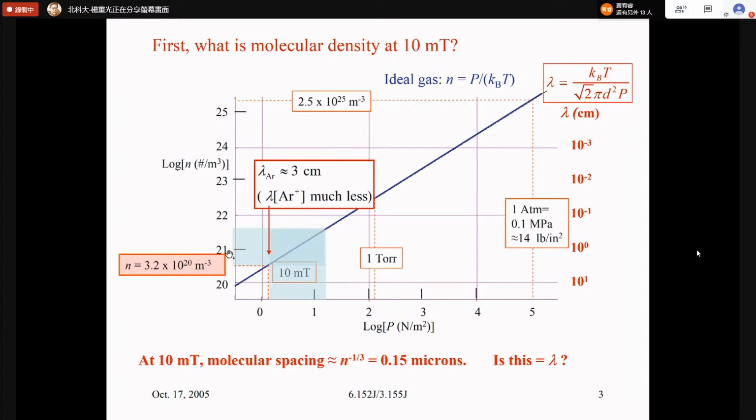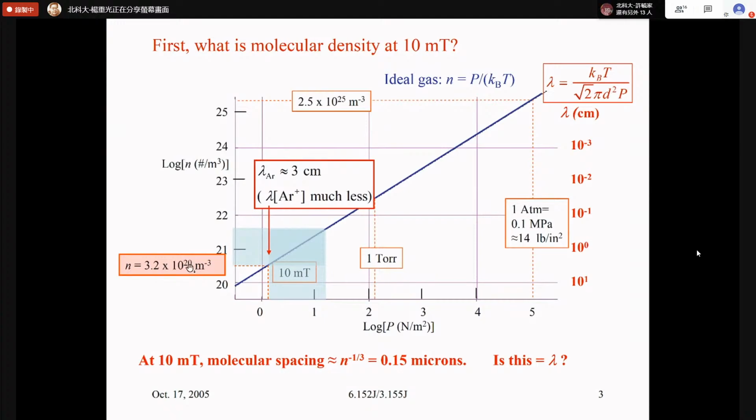And the mean free path at 10 millitorr is around 3 centimeters. So at 10 millitorr, the molecular spacing is around 0.15 microns. This is N, in a cubic.